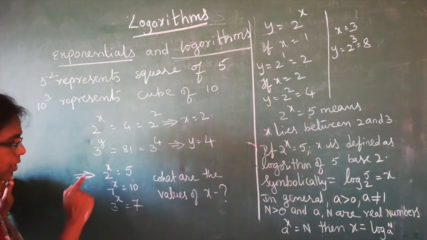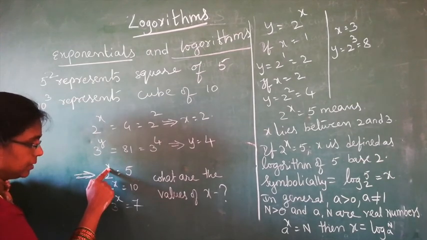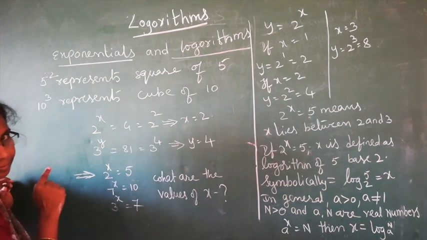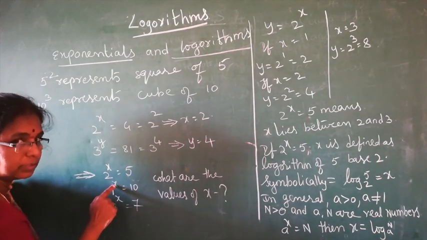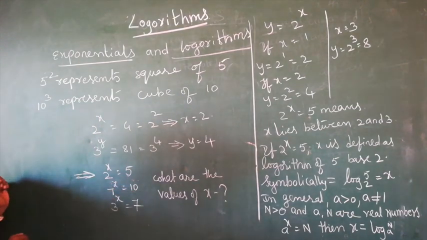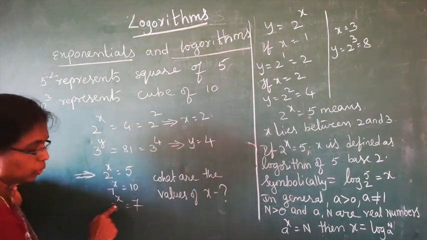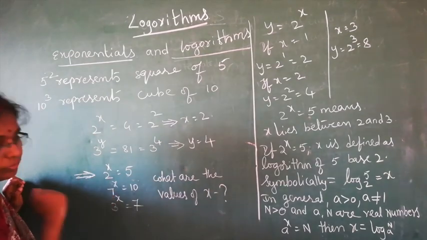Here it means: what is the power to which 2 is raised to get 5? What is the power of 7 to get 10? What should be the power to which 3 is raised to get 7? What are the values of x?